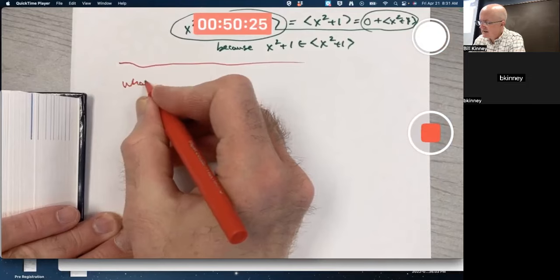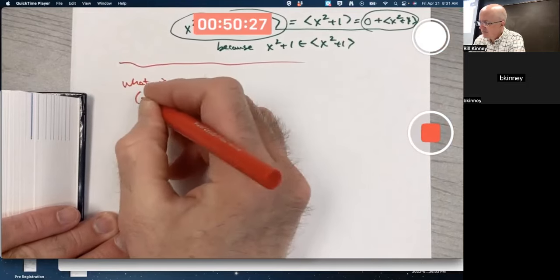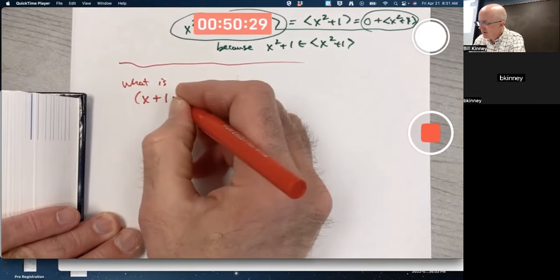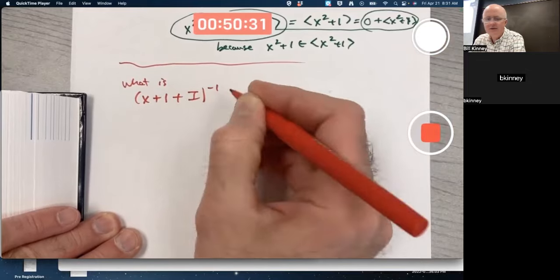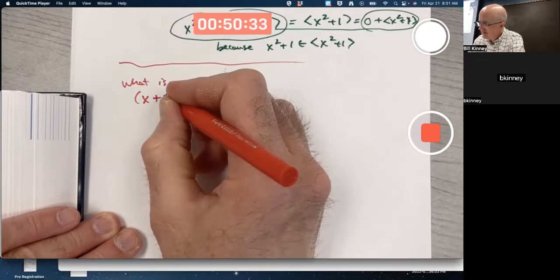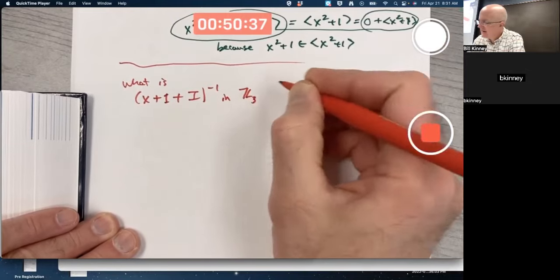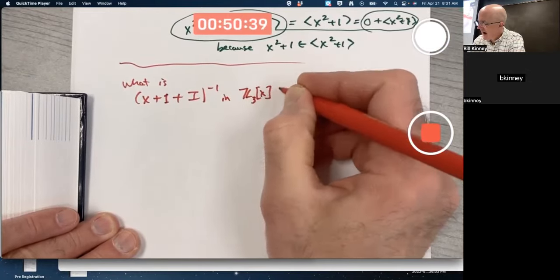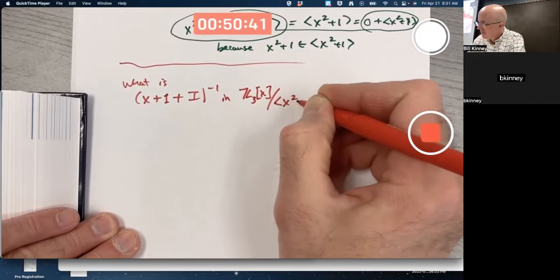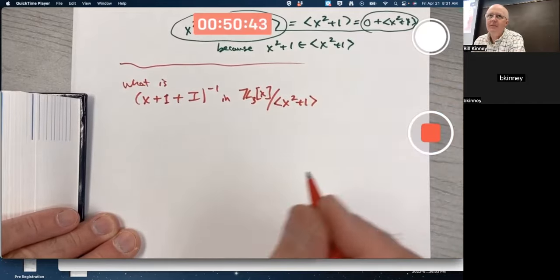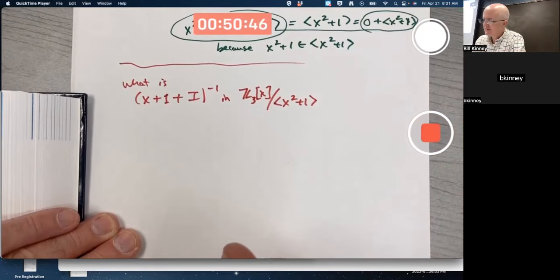What is x plus 1 plus I inverse in this factor ring, which I'm telling you is a field?